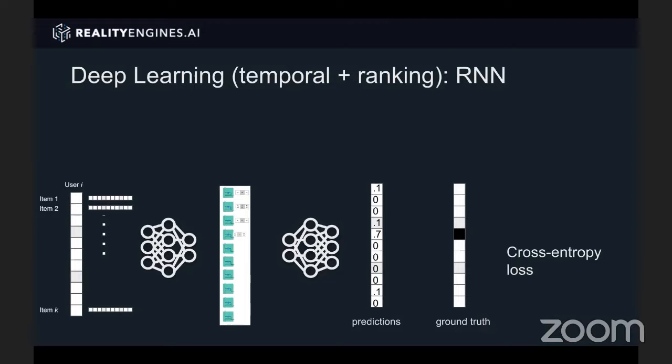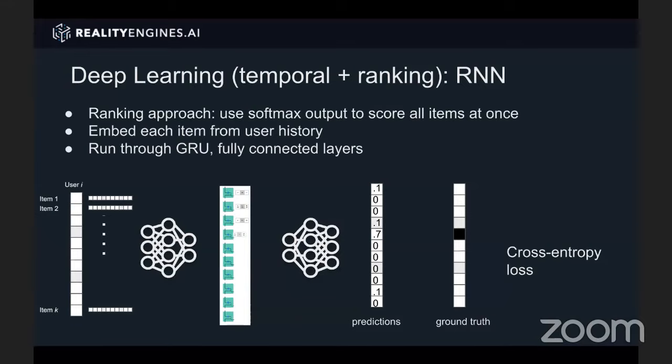Then we feed it through a GRU, which will learn the temporal patterns in the data. Then we feed this through some fully connected layers, and then it outputs a bunch of predictions for all of the items that the user has not interacted with. Then we compare this to the next item that the user actually interacted with and take the cross entropy loss.